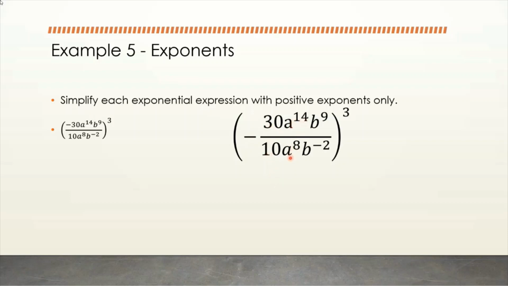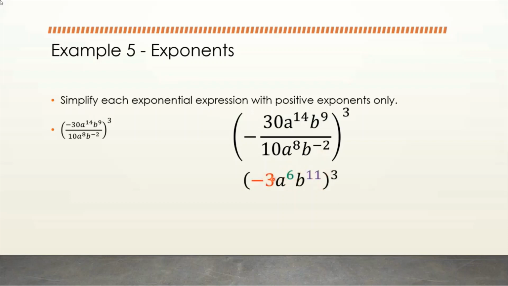A to the 14th over a to the 8th, you would subtract those, so that would be a to the 6. And then you would subtract the b's as well, but just be careful because of the negative. 9 minus a negative 2 is positive 11.